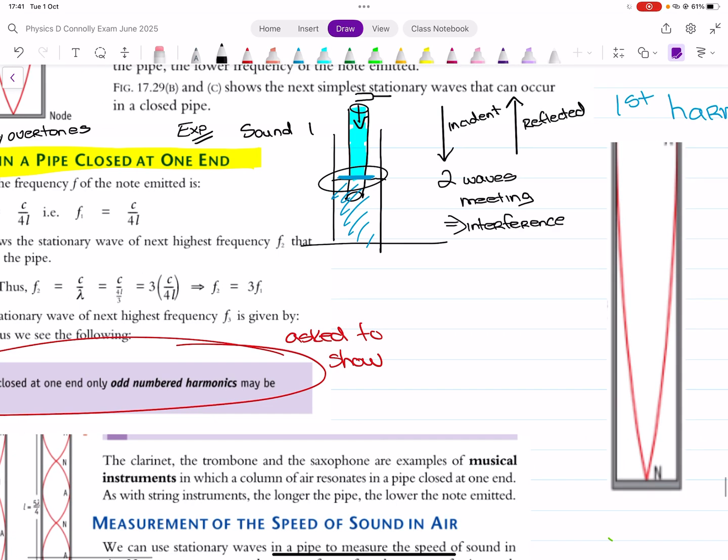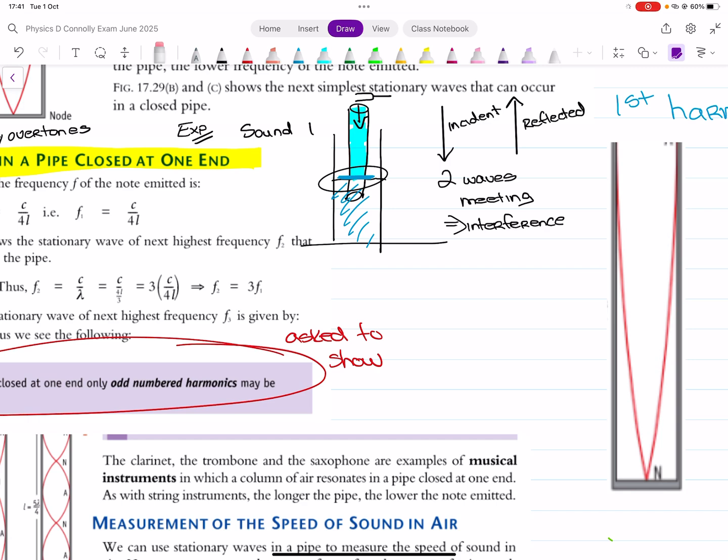Okay, so standing waves in a string, like I showed you, your first harmonic looks like this. Your second harmonic then looks like that. And then your third harmonic looks like that. Okay, so I've shown you all them up above.